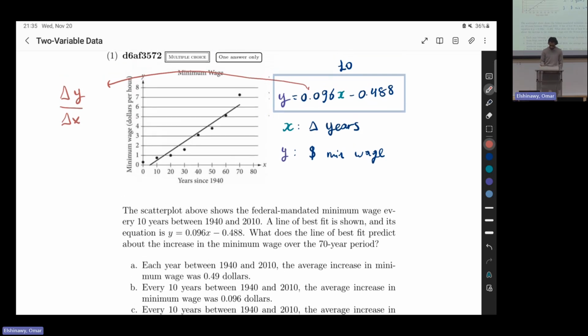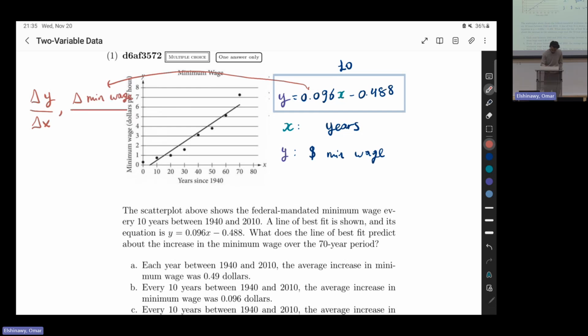So perhaps it would be a good idea to see how we can interpret this statement. So again, y is the change in years, right? So y is years. So my apologies. Y is the minimum wage. So y is the change in minimum wage.